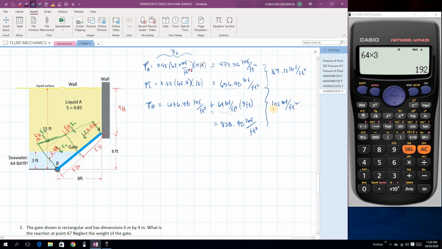Okay. So itong 192 is itong part na to. Ito yung 192. Then ito naman, itong height ng triangle na to, yan yung 159.12. Okay. So ang height natin dito, ito yung side na to ng rectangle natin is 477.36. So that's yung pressure sa point A.